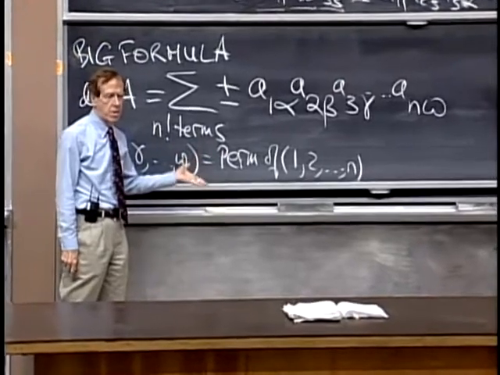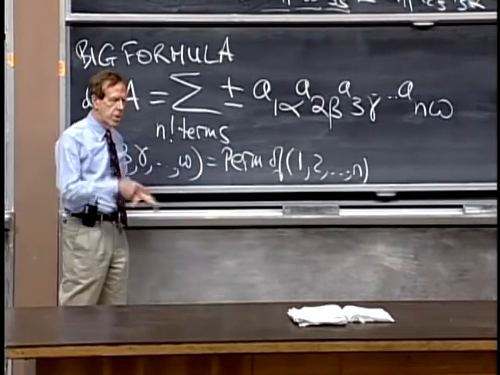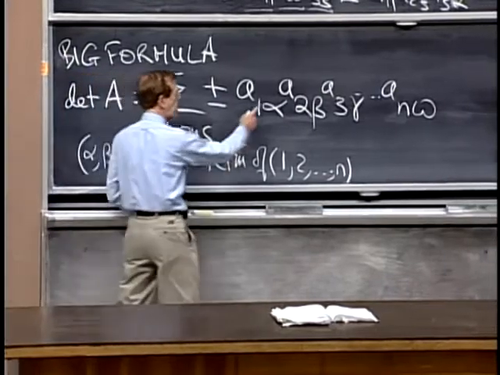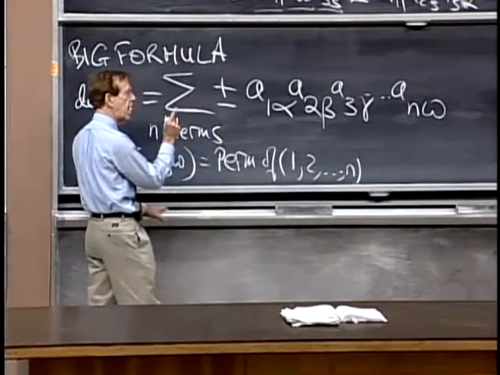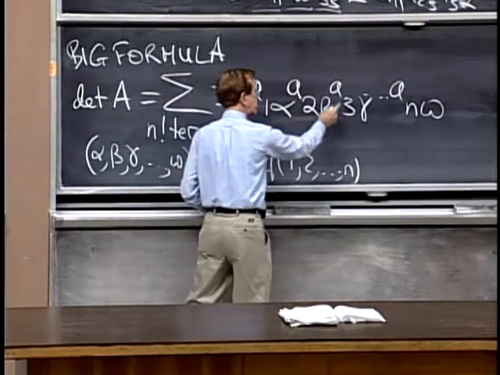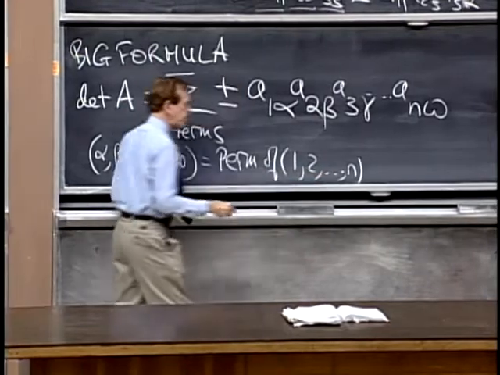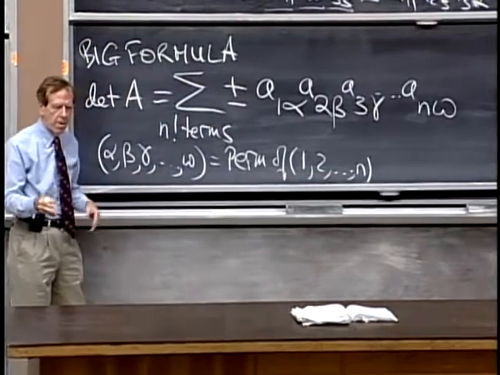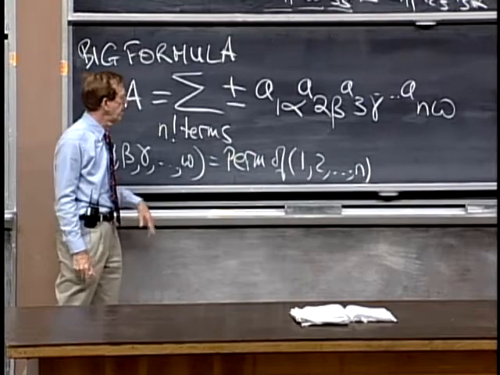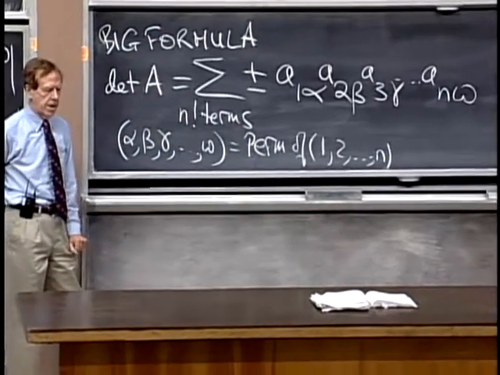Which term isn't 0 if A is the identity matrix? Almost all the terms are 0 because almost all the A's are 0. The only time I'll get something is if it's A11 times A22 times A33. Only the permutation that's in the right order will give me something. It'll come with a plus sign, and the determinant of the identity is 1.